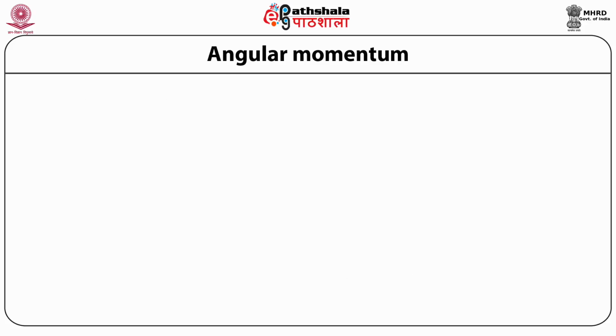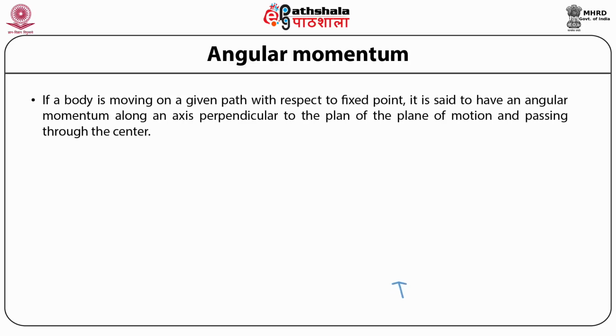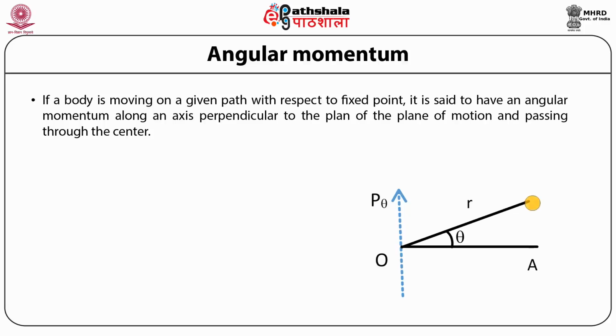For this, let's consider a body of mass m that is moving on a given path with respect to a fixed point. Then the body is said to have an angular momentum along an axis which is perpendicular to the plane of motion and passing through the center or the fixed point.